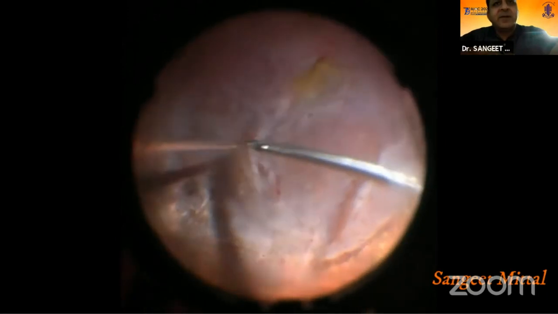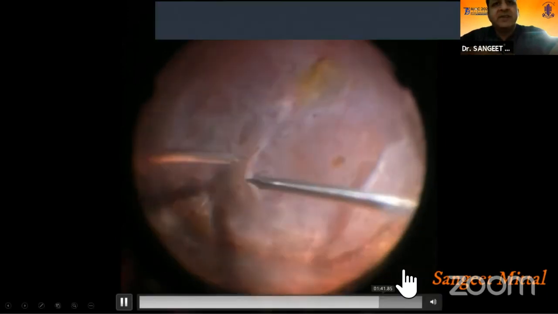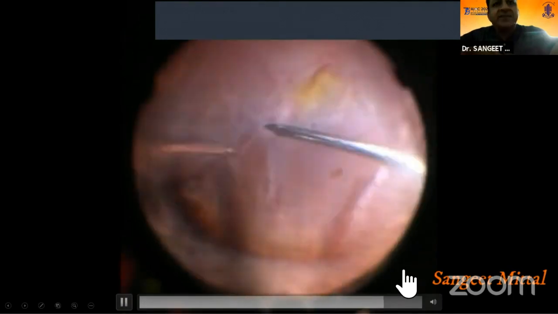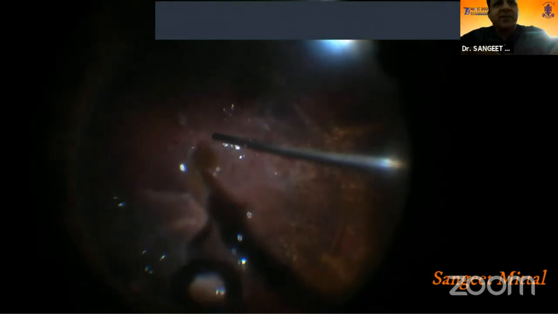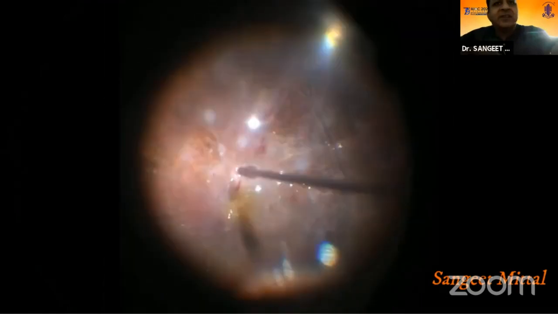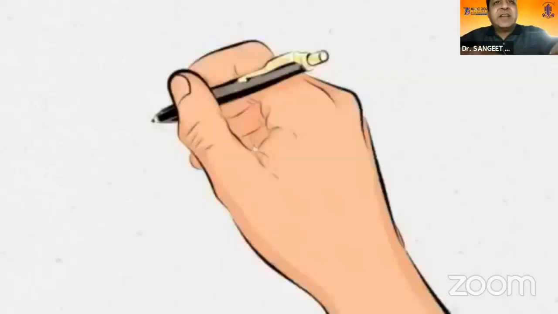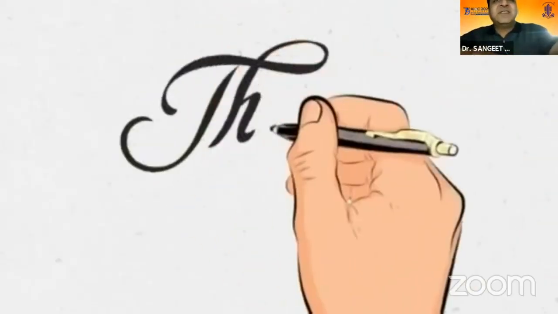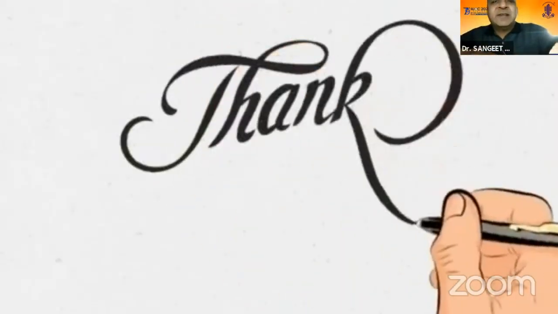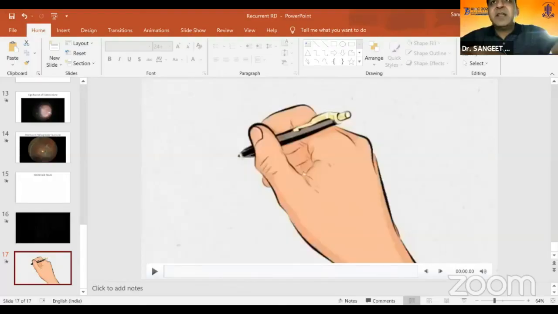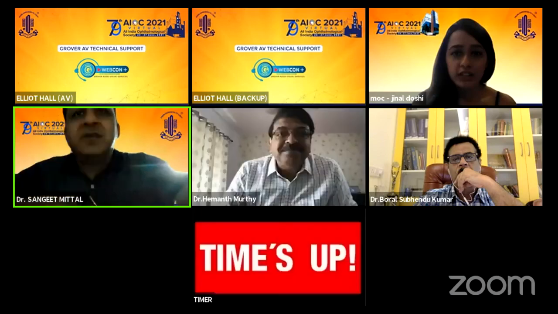In this patient, we were able to remove all the membranes and reattach the retina, flatten the retina using perfluorocarbon liquid, use further laser treatment, and a direct PFCL-silicone oil exchange. Unfortunately, this patient contracted COVID 1 month after surgery and could not recover from that. So I thank you again for allowing me to present this here.